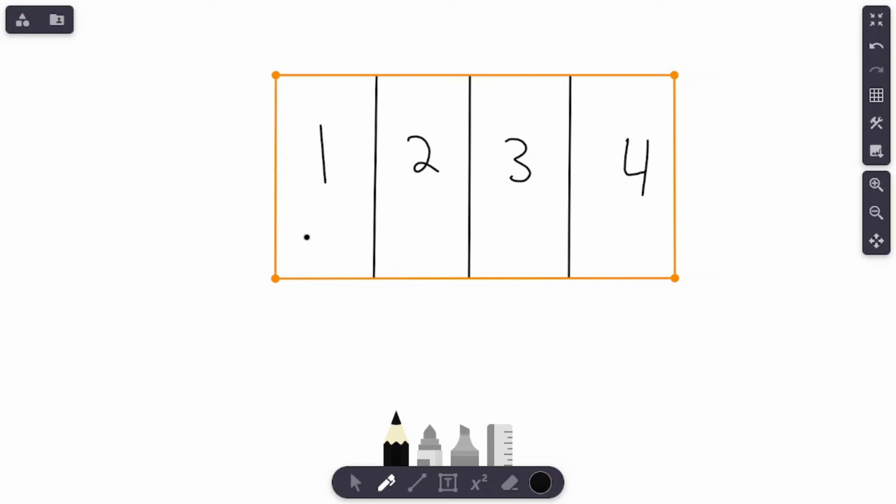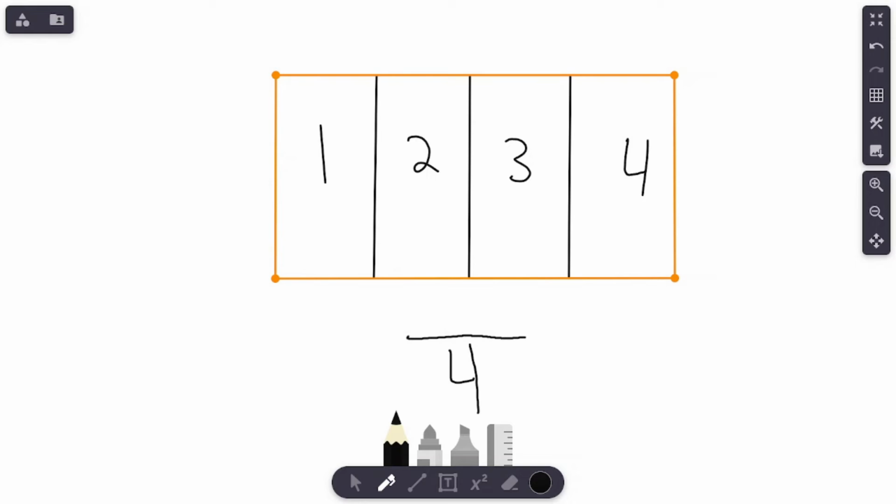Are each of these sections an equal amount? Yes, they're equal. It may not be exactly right, but you get the point. They're all the same size. And what we have done here is we have created a fraction. So how many sections do we have here? Four. Notice I have written my 4 right down here.